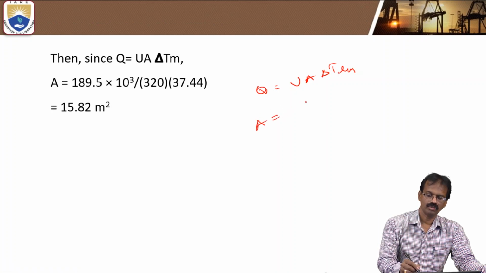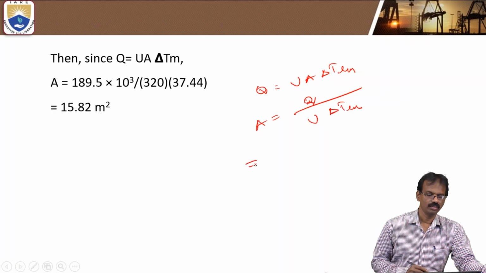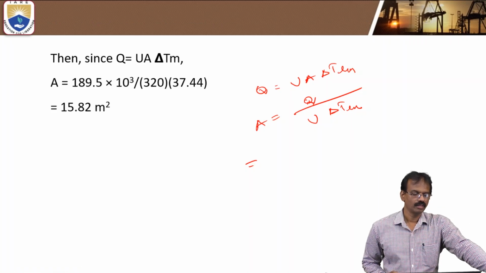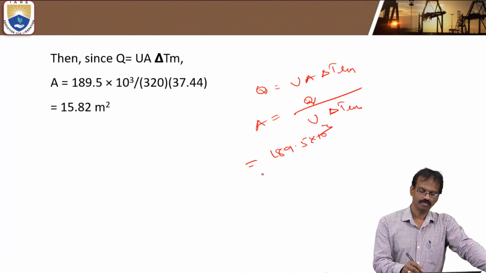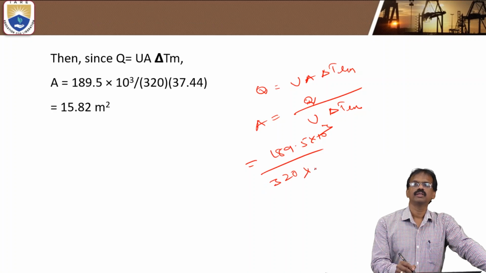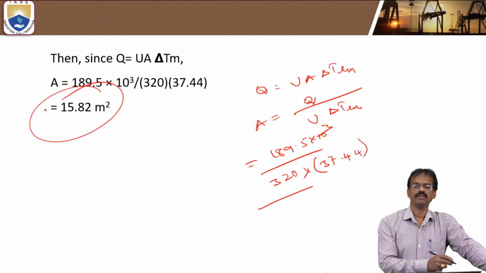Area is equal to Q upon U into ΔTlm. Q is equal to 189.5 into 10 cube, divided by the overall heat transfer coefficient, that is 320, into ΔTlm, which is 37.44. If you solve this one, you will get the area value.